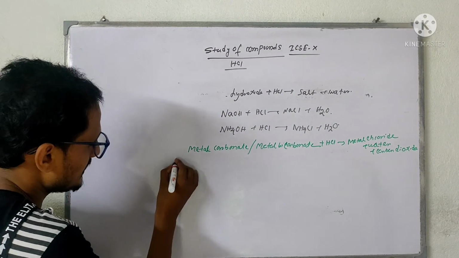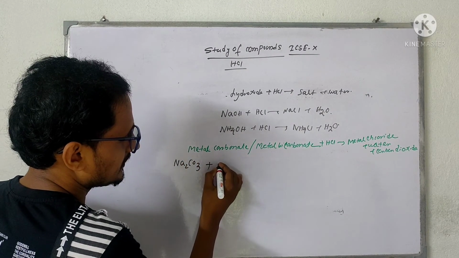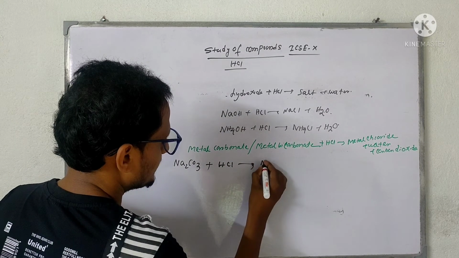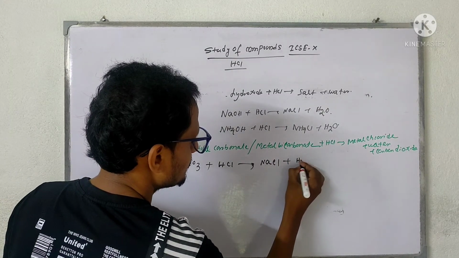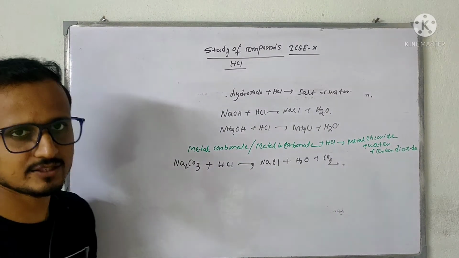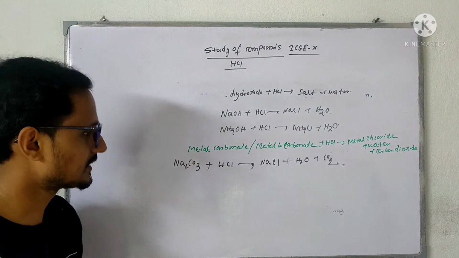Now see the reaction. Metal carbonate, meaning Na2CO3, reacts with HCl. What will it form? Metal chloride. That means NaCl plus H2O plus CO2. To balance, you can easily do it. On both sides the number of atoms will be the same. Okay.